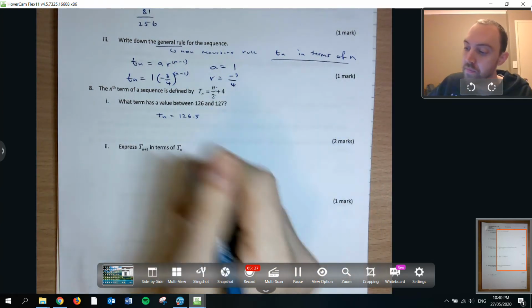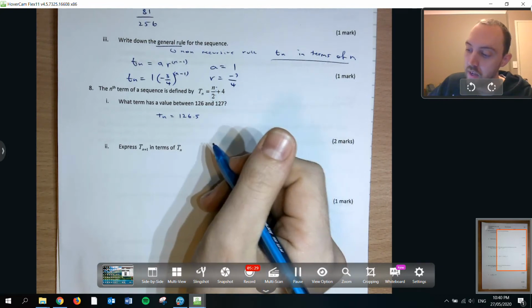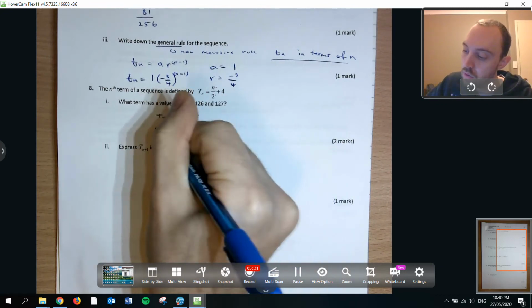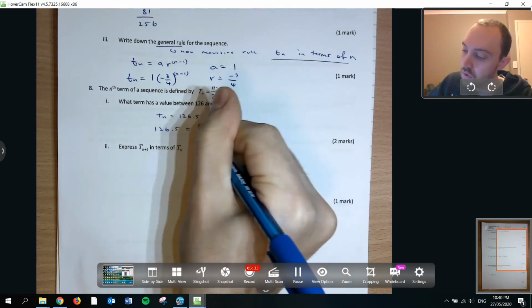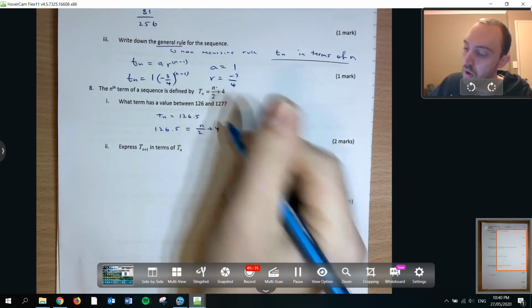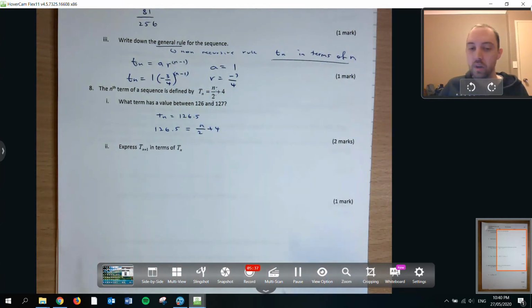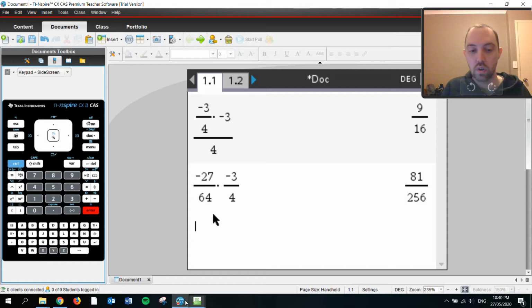Okay, and I could solve this algebraically if I wanted. So 126.5 is equal to n on 2 plus 4. But if you're a little bit unsure, you might go to your Calc and solve this. Menu 3.1, solve 126.5 is equal to, I'll use n, why not?